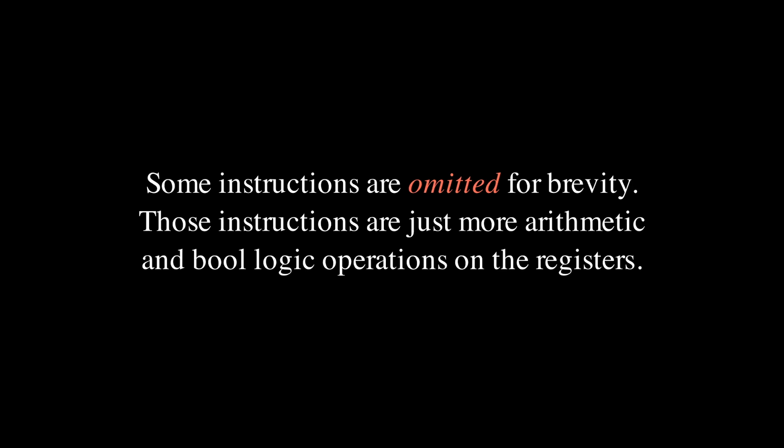Some of the other instructions are omitted for brevity. This includes instructions for bitwise arithmetic, Boolean logic, along with some floating point instructions, which have nearly identical functionality to the integer instructions. Now let's see our caveman do some work.